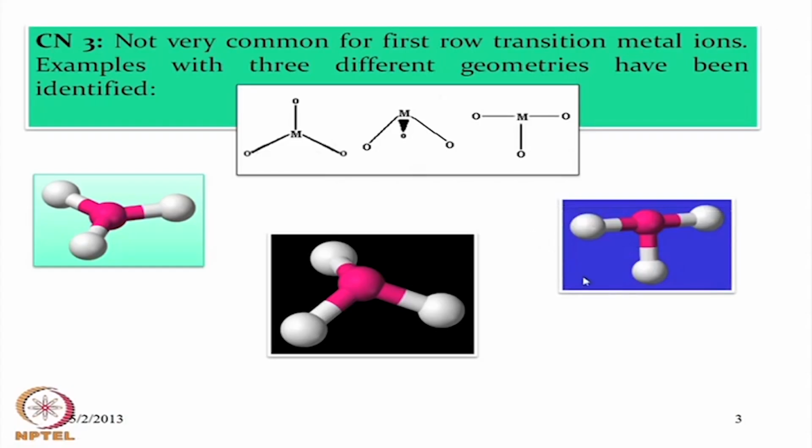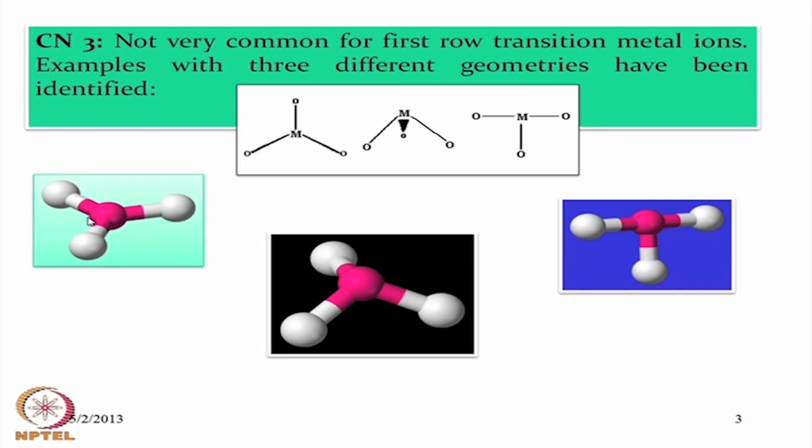And the third variety, which is pretty important to know, which is basically a T-shaped geometry, where these two atoms which are 180 degree apart, giving rise to an angle of 180 degree from one side to the other, but the third one is in between, which is giving 90 degree to each other.